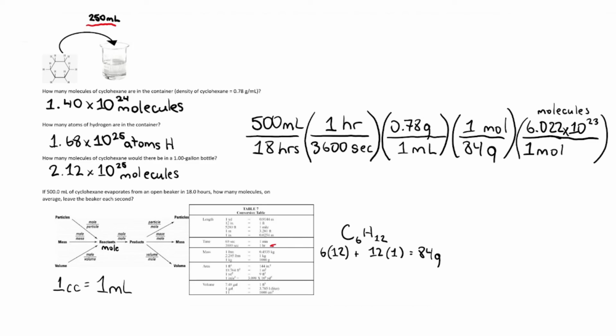Okay, now we can go through and cancel units. We can cancel milliliters. We can cancel grams. We can cancel moles. We can cancel hours. And now we have molecules per second. Now, same thing, multiply across the numerator, multiply across the denominator, and then divide.